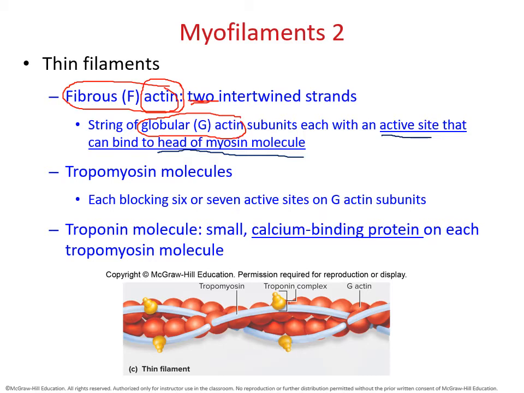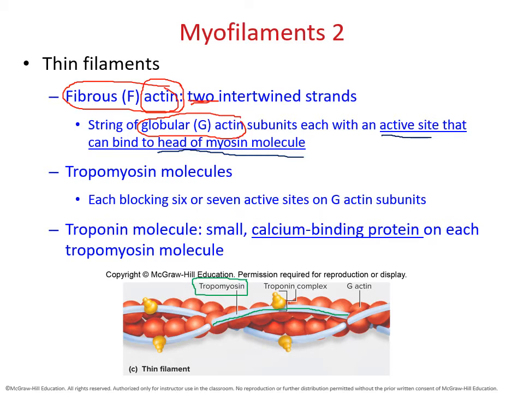On our illustration, what you're going to see is that you have an elongated protein called tropomyosin. And here it is illustrated in this white formation. What tropomyosin is going to do is block several active sites of the G-actin.